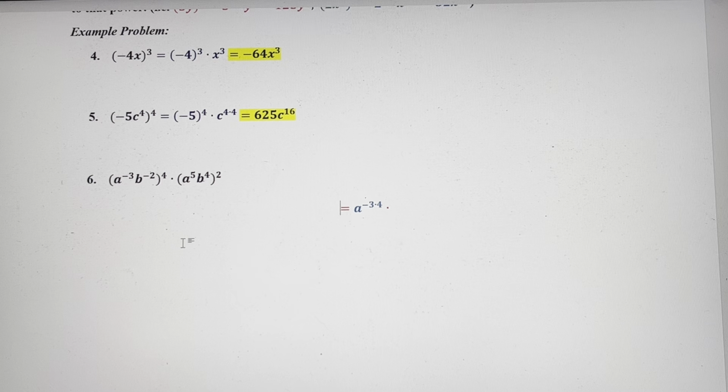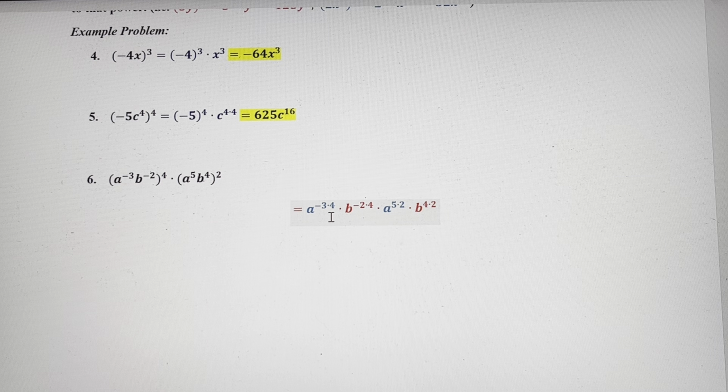Then I've got b to the -2 raised to the fourth power, so I'm going to multiply those exponents. Now let's deal with this second one here. I've got a to the 5th raised to the second power, so multiply that 5 times that 2. And I've got b to the 4th raised to the second power as well. So I've used my laws of exponents to do this part.